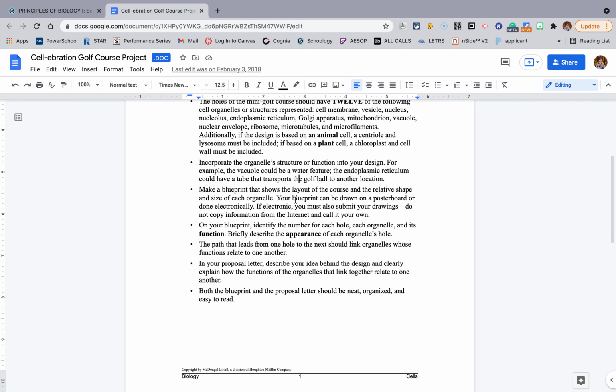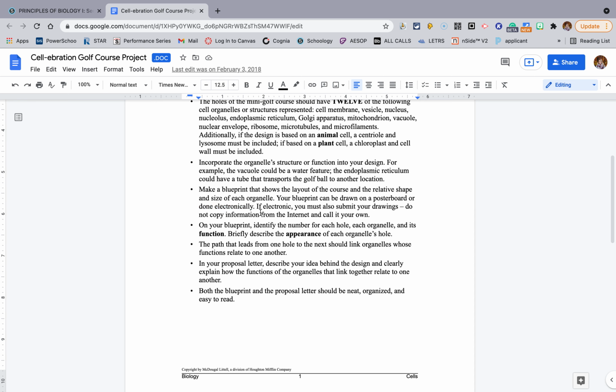Make a blueprint that shows the layout of the course. This can be on a poster board, on a trifold poster board, or on something that's actually 3D. And show the relative shape and size of each organelle. So take into account the shape of these organelles, okay? I'm not going to take it electronically, okay?